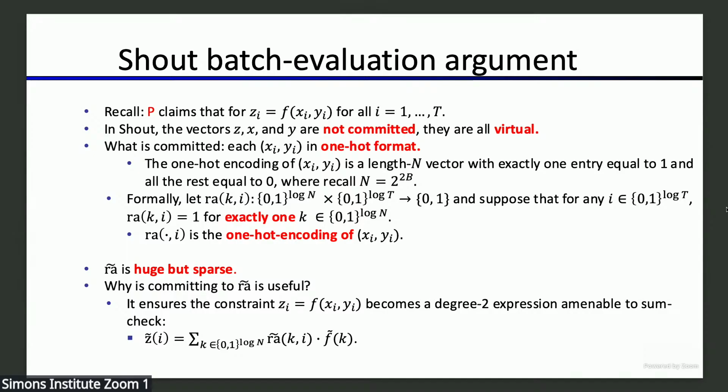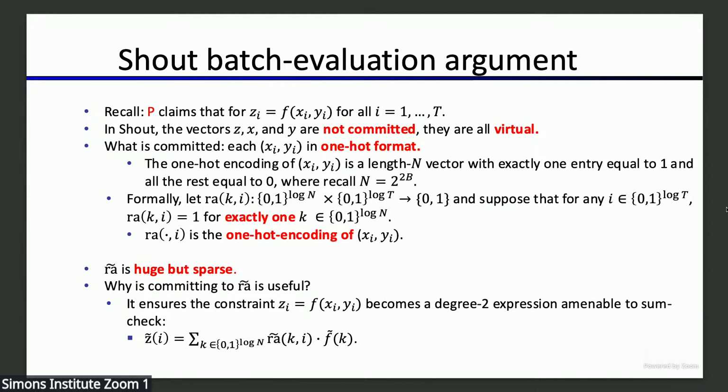And that is now a sum over all possible memory locations of the one-hot encoding of the ith memory cell times f at that cell. This kills any k that's not read at cycle i, and for the k that is read at cycle i, it spits out 1, and then you get f of k.